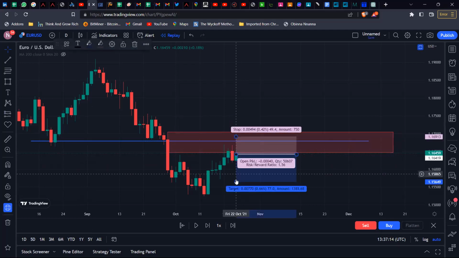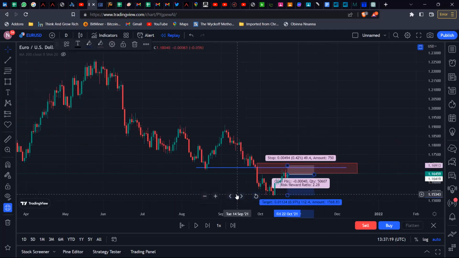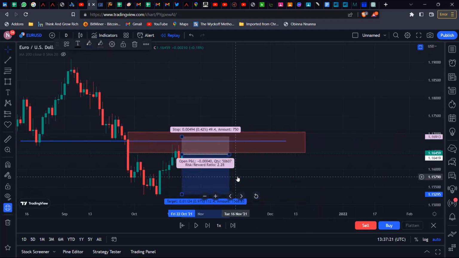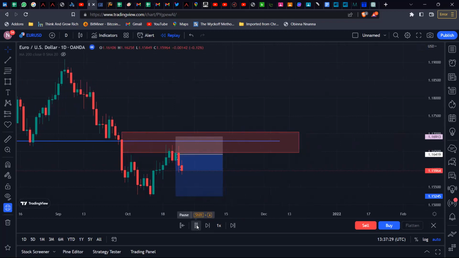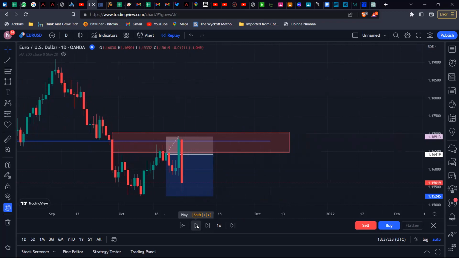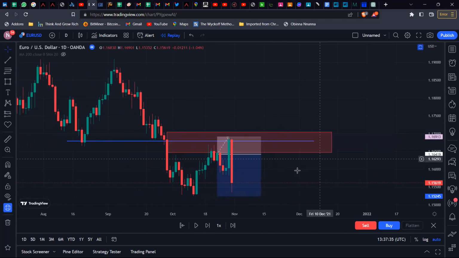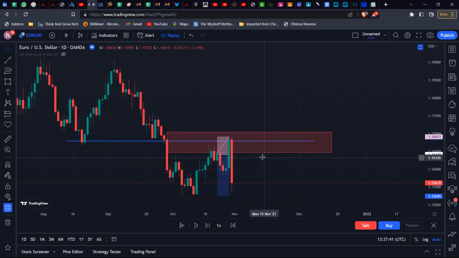I put my stop loss just above here, and let's say I target this low, or maybe I target 2 to 1 or 3 to 1, depending on how your own system works, right? Now, what happened is I wait and price appears to be going my way, only to go on and hit my stop loss. I take a loss, maybe 1%, right?